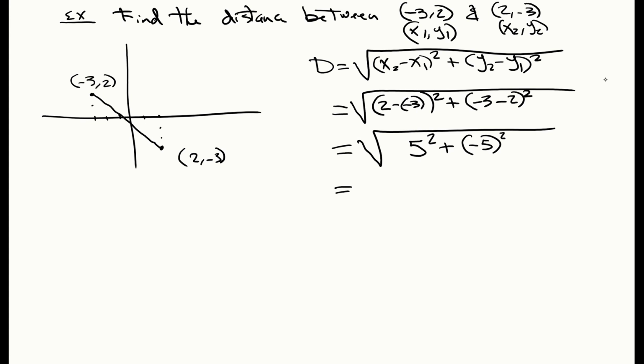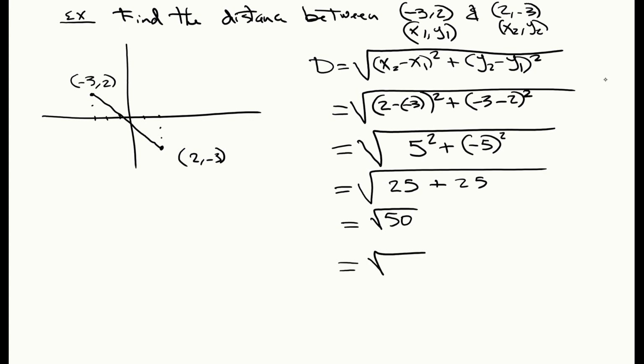So that's going to be the square root of 25 plus another 25, which is the square root of 50. And I think you know by now we can split that up into 2 parts. What's the biggest perfect square factor of 50? You can either do prime factorization or without it, depending on how comfortable you are with math.